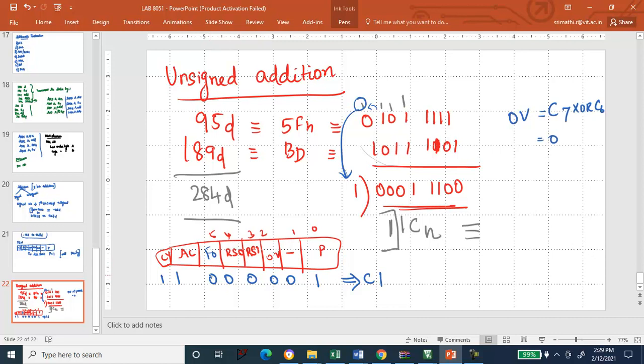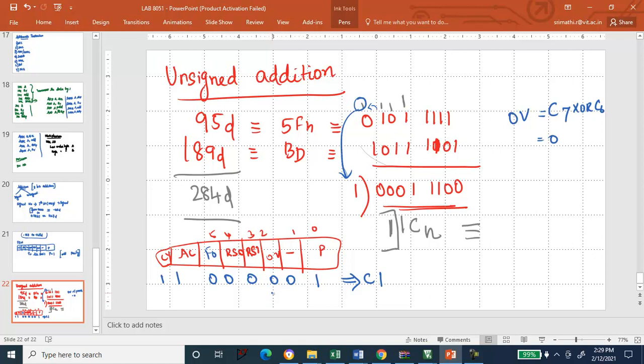By default we are going to select register bank 0, so 0 0. And the overflow flag, listen clearly, will be set to 1 when there is a carry out from bit number 7 to bit number 8.